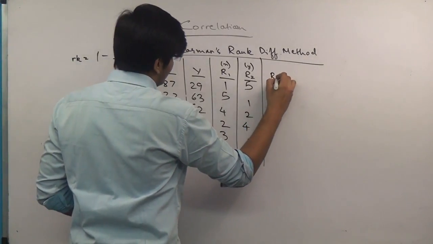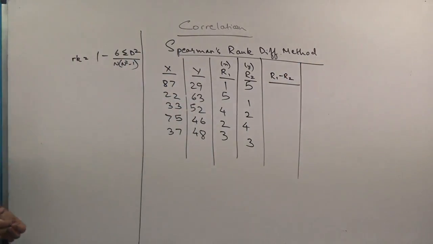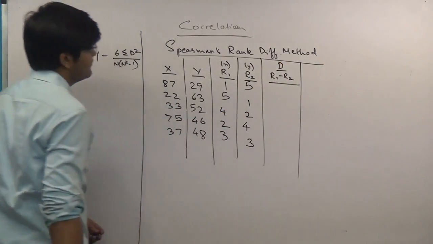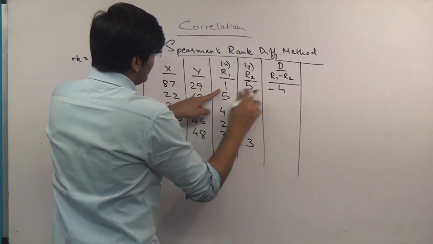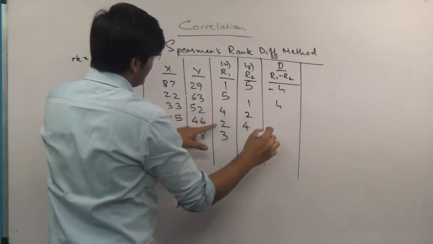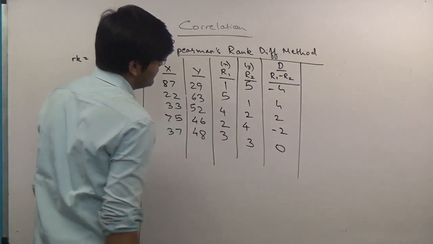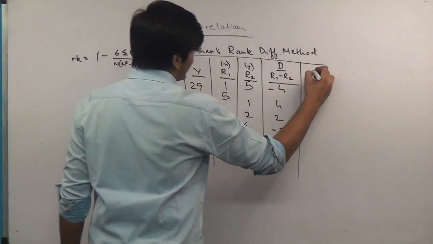Next, R1 minus R2. This will give us what? D. So this will be 1 minus 5, minus 4, then 4, 4 minus 2, 2, minus 2, 0. Do we require D? No, we require D square.